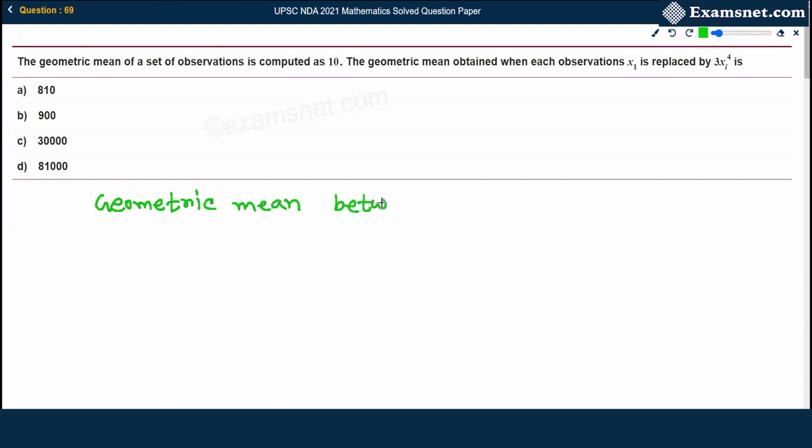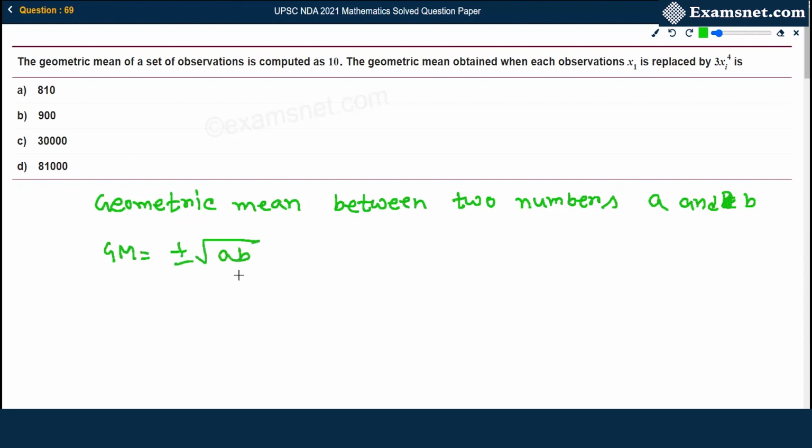Geometric mean between two numbers, let's say A and B. So we can write GM as plus minus root under AB.